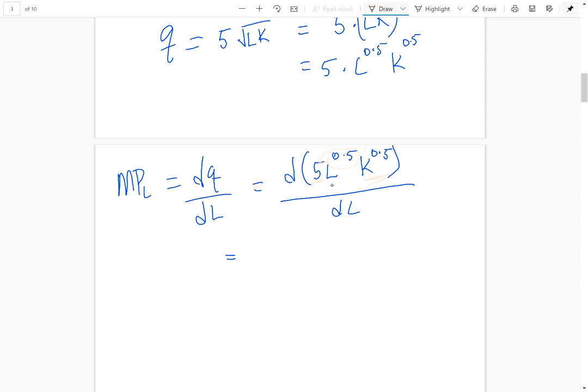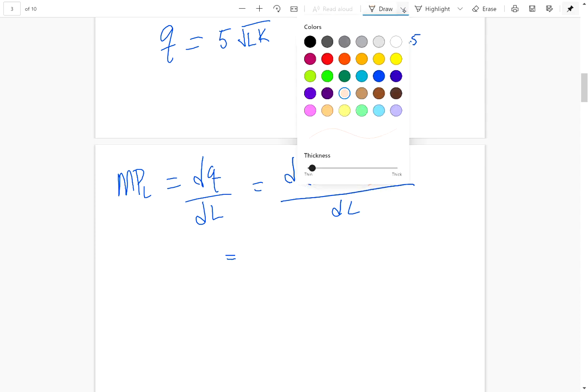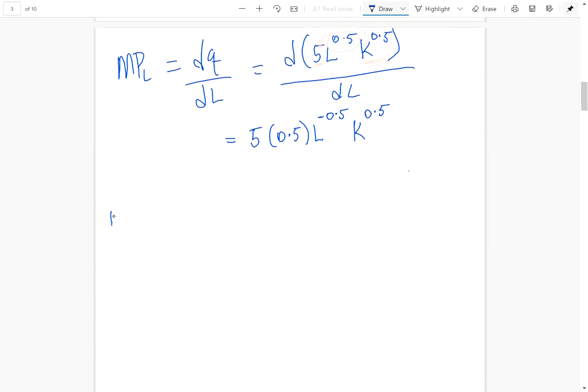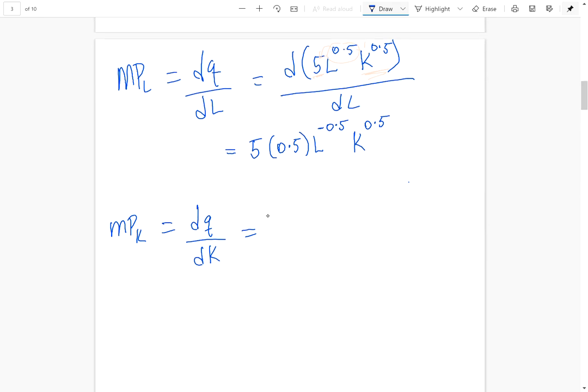So we end up with 5 times 0.5 times L to the power of negative 0.5 times K to the power of 0.5. That's MPL.